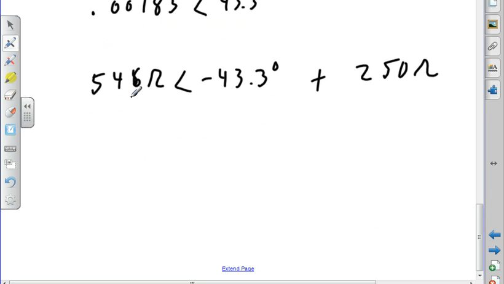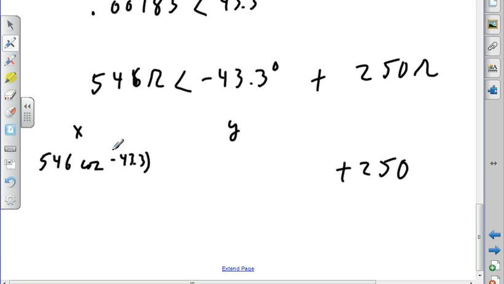Okay, now, I need to take this guy and turn him into an X and a Y component guy, and then I'm going to add it to 250. Okay, so I'm going to go 546 cosine minus 43.3, and I'm going to go 546 sine minus 43.3 J. Okay, so that's what I'm going to do.